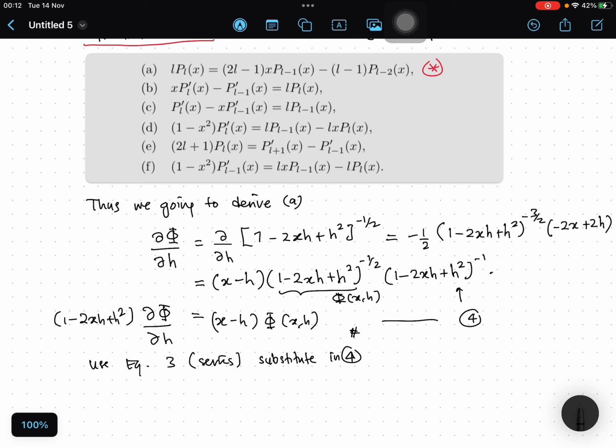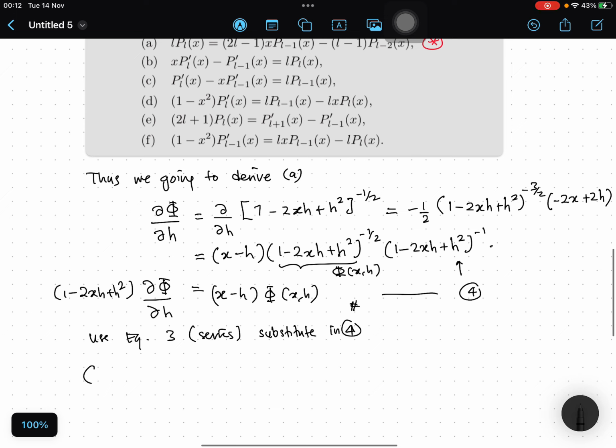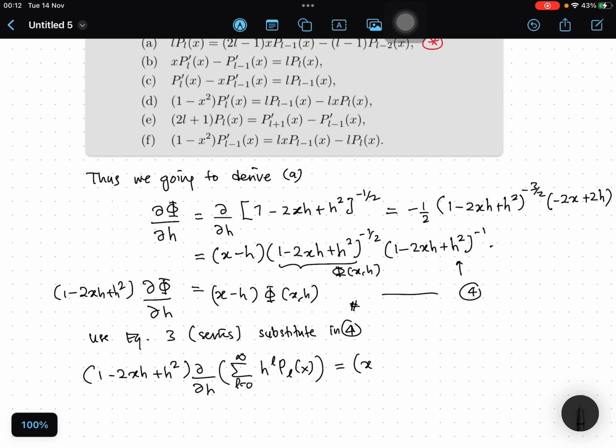Equation 4. Okay, so what do we have? You have (1 minus 2xh plus h squared) over h of the sum, hl plx, and then you have x minus h sum L0, and then you have h plx.